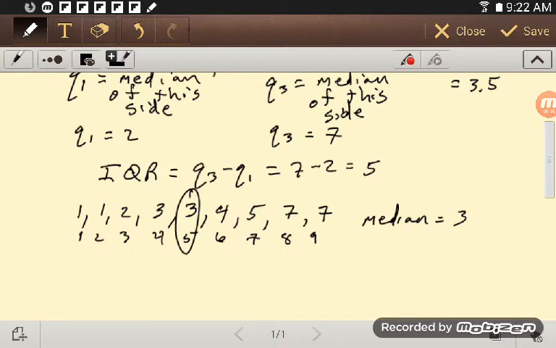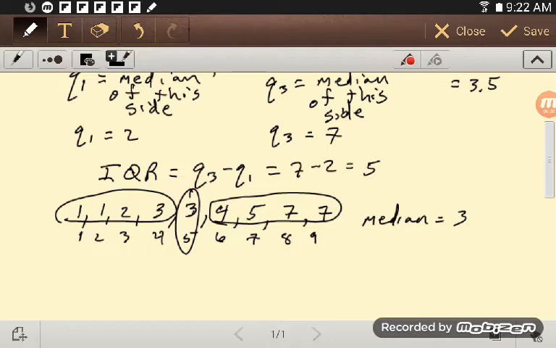Now when we find Q1 and Q3, since the 3 is just all by itself in the middle, we just won't bother with it, and we'll take the half on each side.